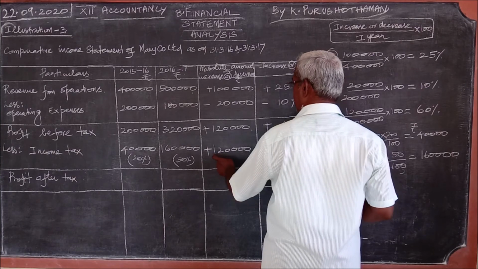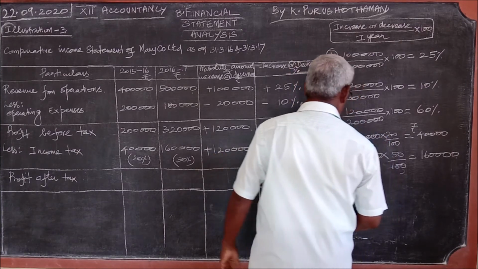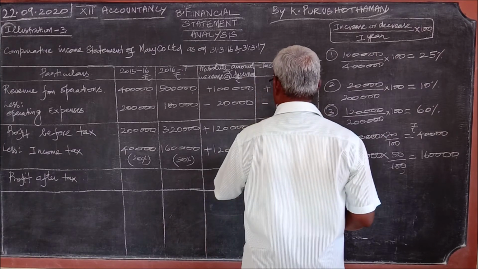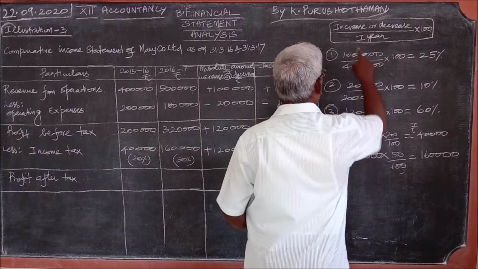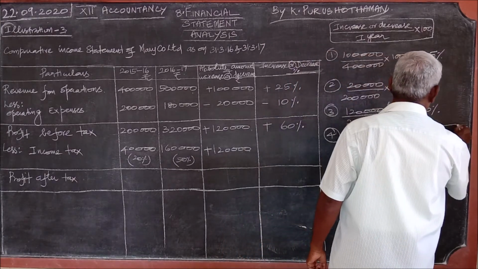Increase is 1,20,000, right? Now, what should be the increase or decrease percentage? Now only we can use the formula. These two are calculations of income tax.